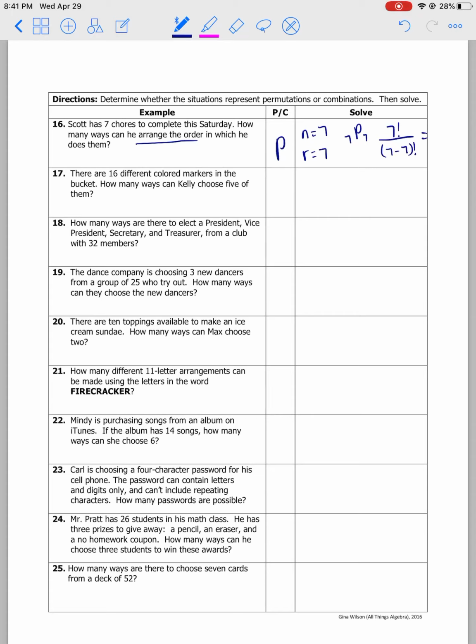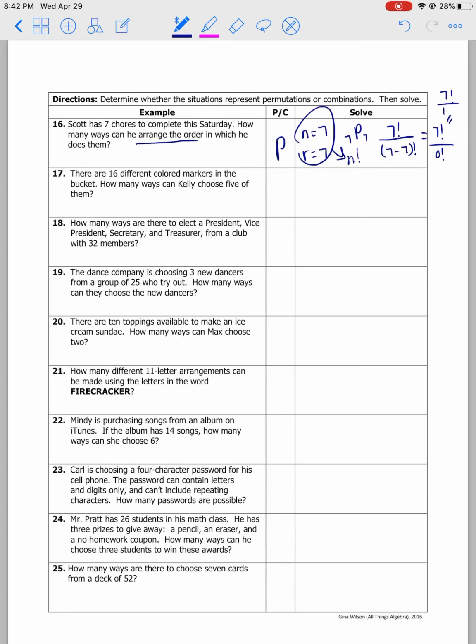We know that 7 minus 7 is 0, and we know that the factorial of 0 is 1. So that refers to the shortcut that we had: when n and r are the same thing, you just have the factorial of n. Again, I strongly recommend taking the time and finding those buttons on your calculator because it will save you significant time.